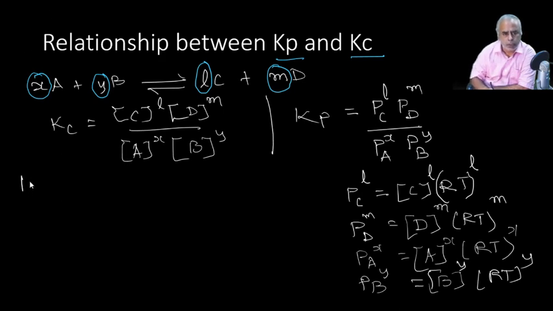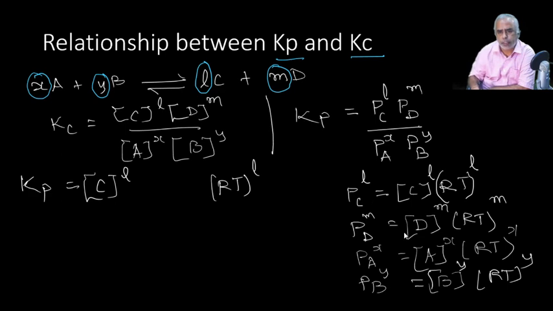Therefore, Kc, Kp, we can incorporate here. So Kp is equal to, what is Kp? Instead of Pc power L, we can put this. So C power L into RT, so let me isolate and write, RT whole power L. And then instead of Pd, I can put D power M into RT, RT whole power M, is it not?